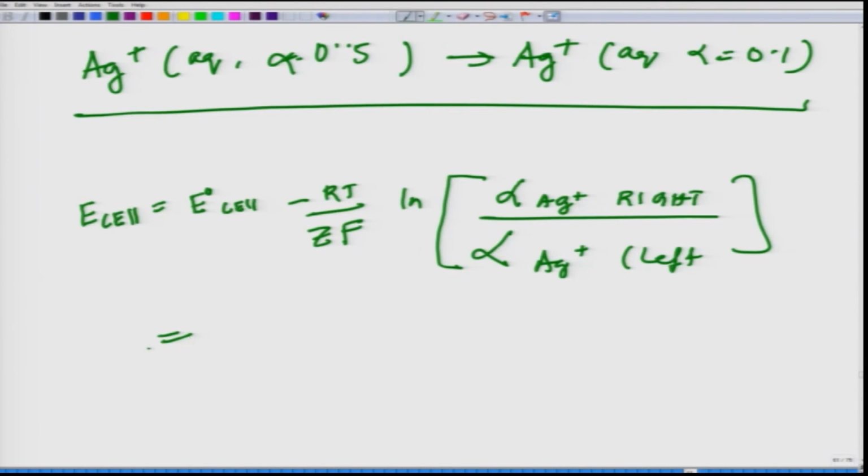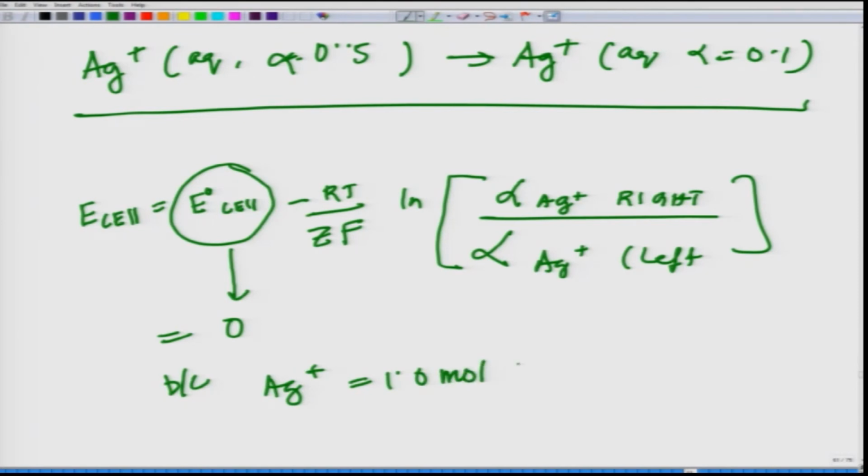Now, E0 of the cell will be 0, because under standard conditions the activity of Ag plus is equal to 1 in both half cells.